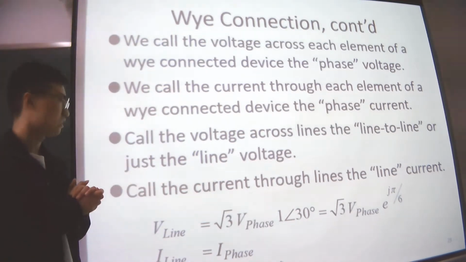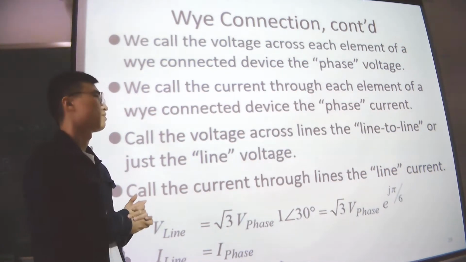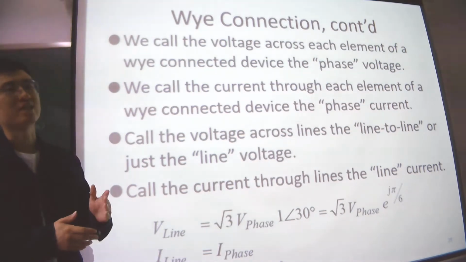You can just add the extra 30 degrees, even if the angle of phase A is not equal to 0.